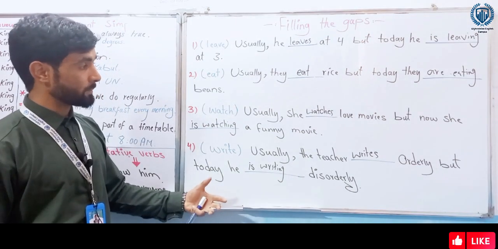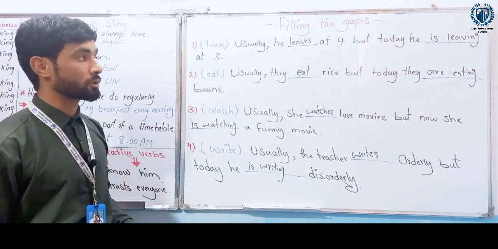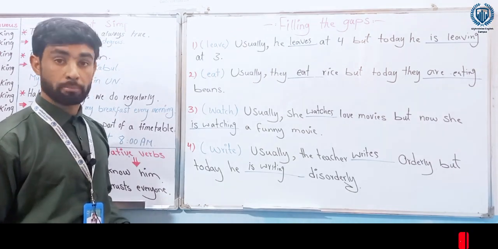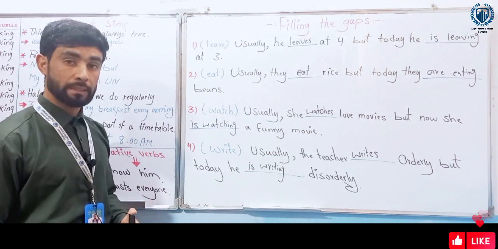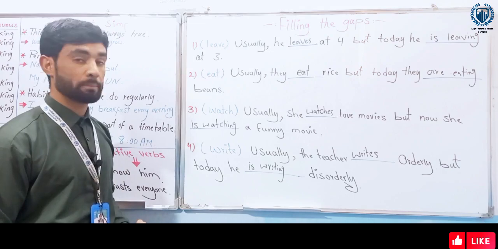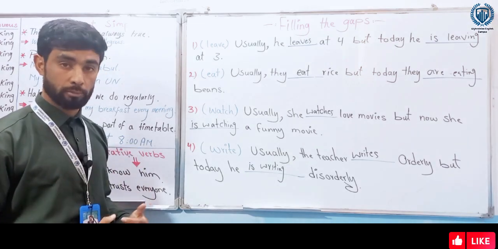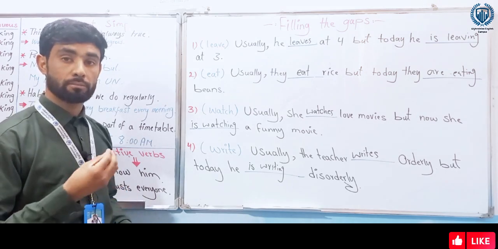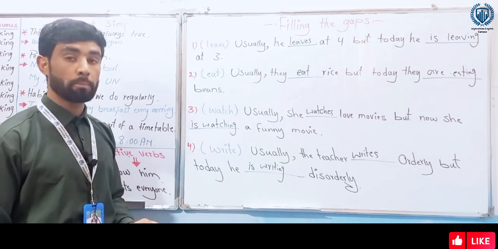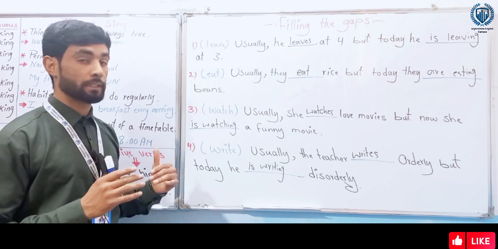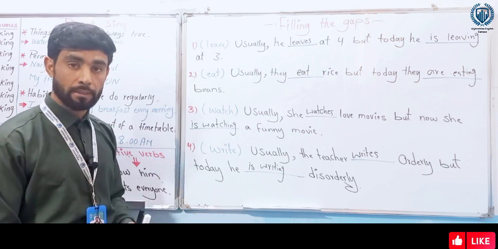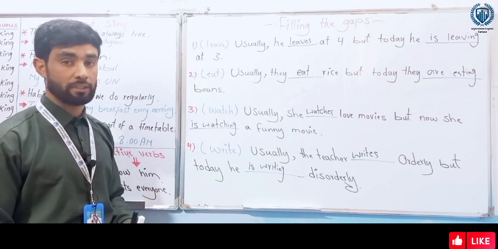So these are the gaps. For the things which happen regularly, which are permanent, we use simple present. And for the things which happen temporarily, for short actions or happening at the moment of speaking, we use present continuous tense. Hope we are clear about the comparison of simple present and present continuous.